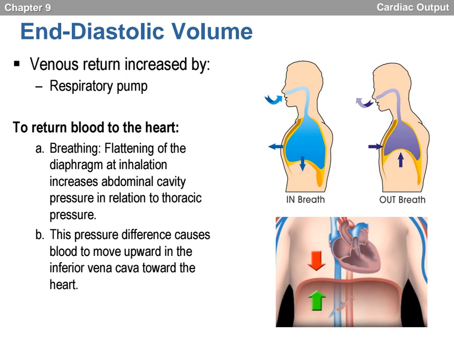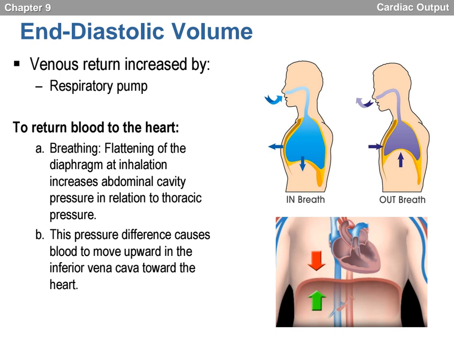So far we've been able to get blood back into the abdomen and thorax, but it still has to make its way all the way back to the heart. So venous return is also increased by something called the respiratory pump. If you look at the inferior vena cava, it goes through the abdomen and then the thorax. And it also has one-way valves like the ones we just described.